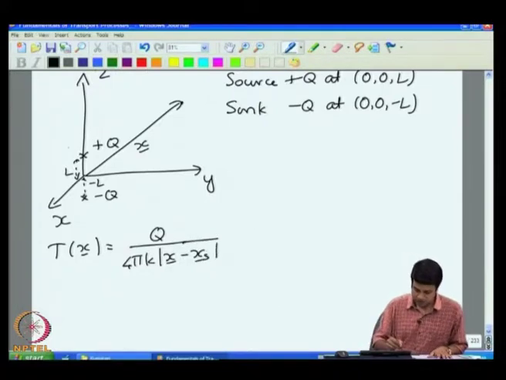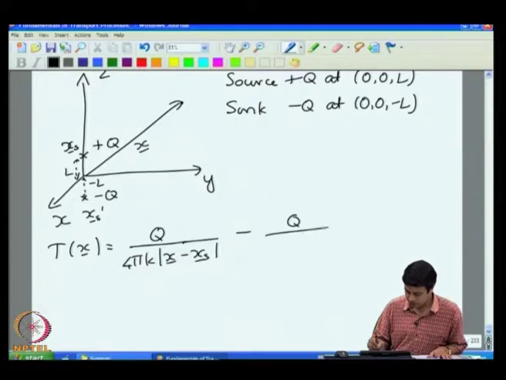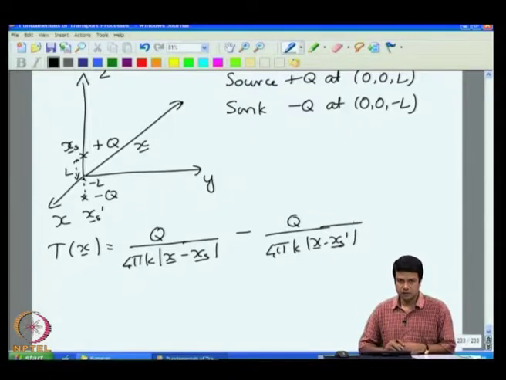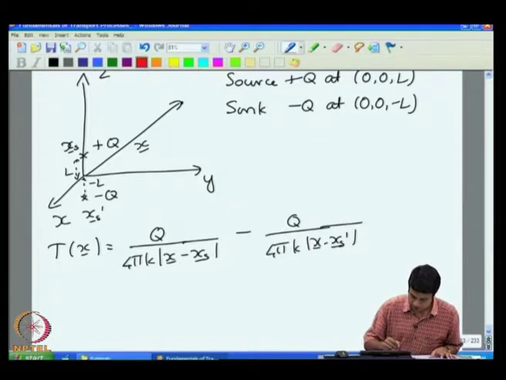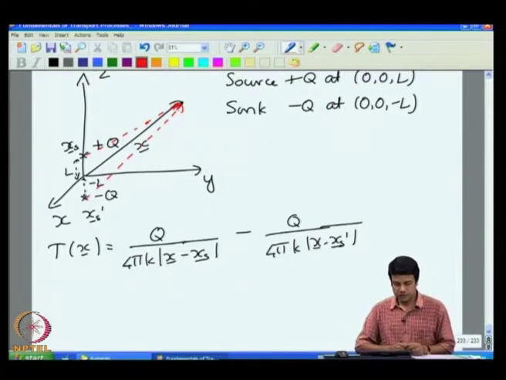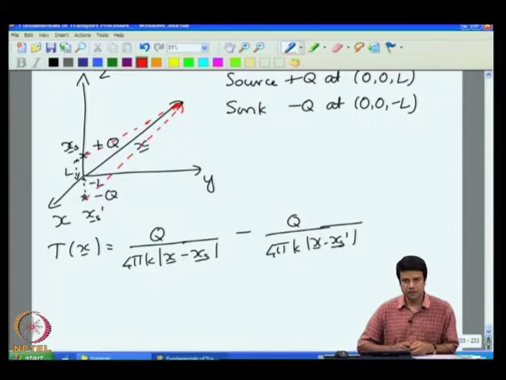And then this is the point x s of the source, and this is the point x s prime of the sink. So, I have minus q by 4 pi k times 1 over the magnitude of x minus x s prime. There is a generation of heat due to the source and an absorption of heat due to the sink. This is the distance from the source, and this one is the distance of the observation point from the sink. So, the combination of these two is what gives me the temperature at this particular location.